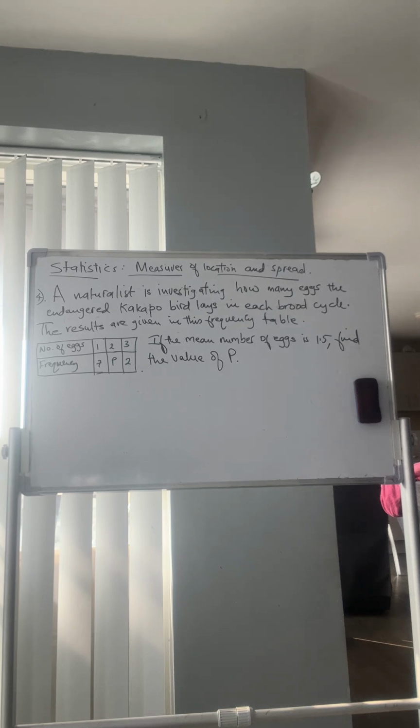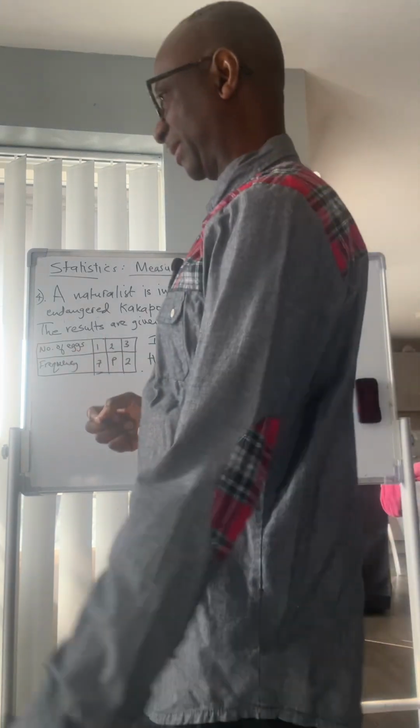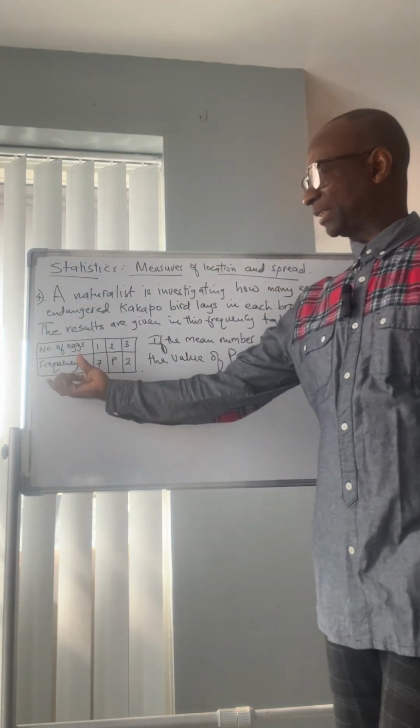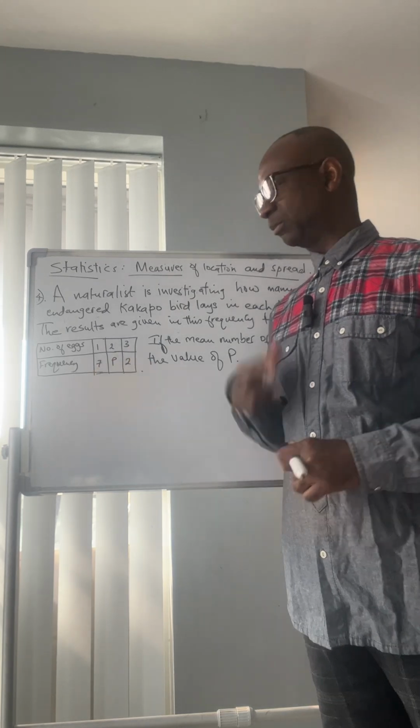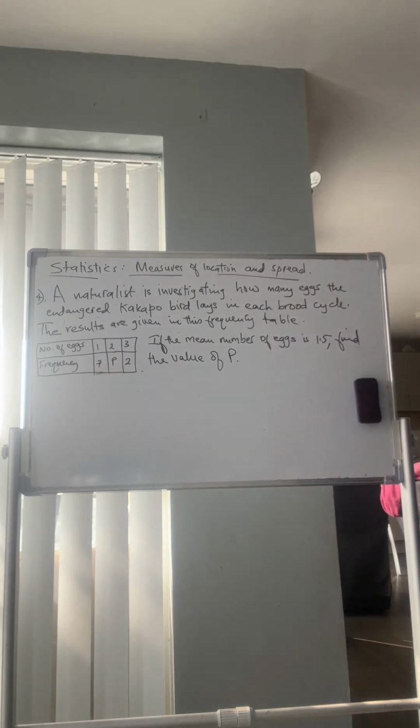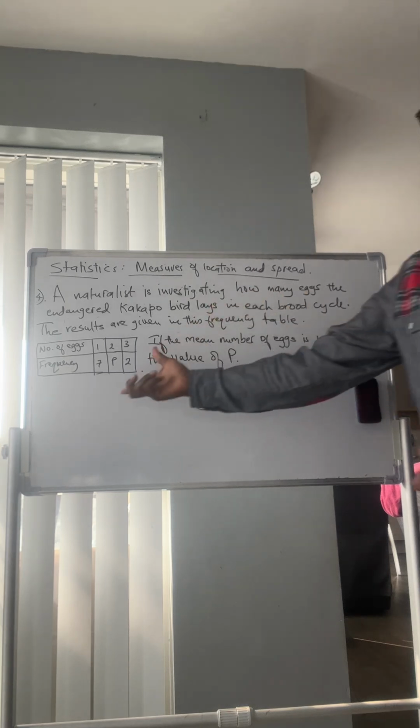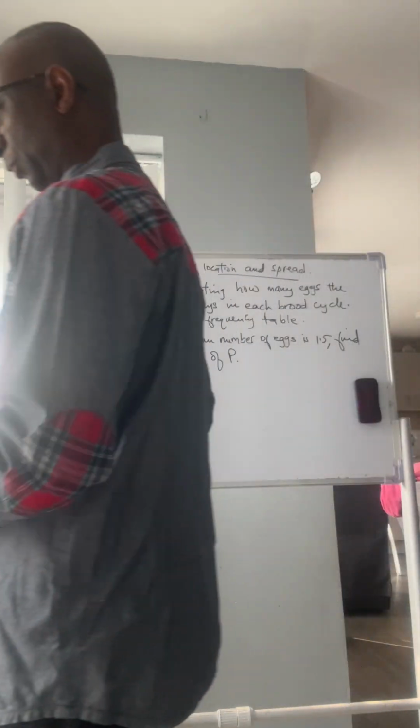So let's see how we go about solving this sort of problem. Whenever you are given a table like this and you see there is a frequency included, you've got to think of adding another row to this table.